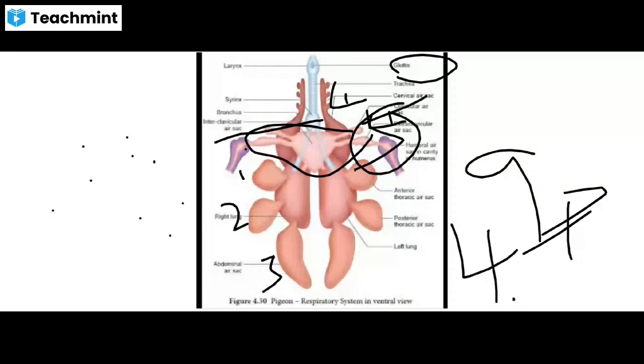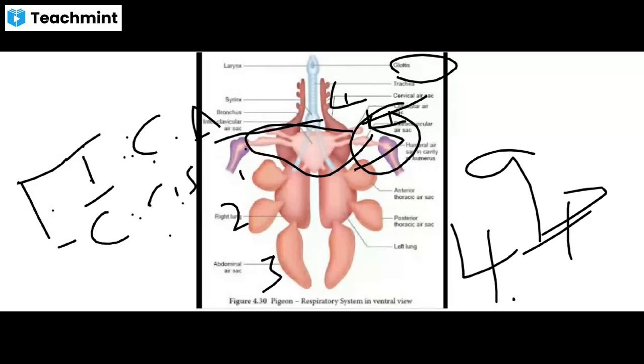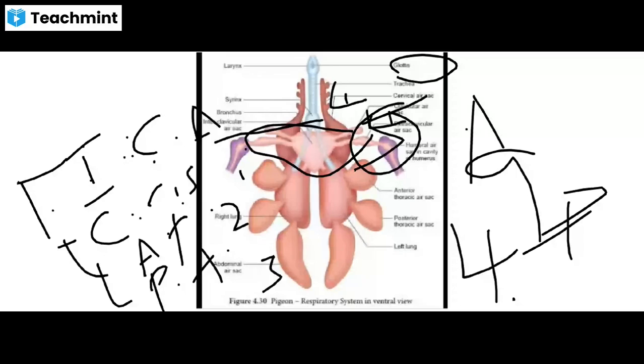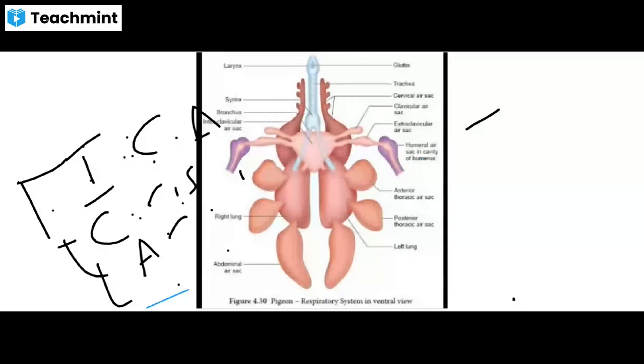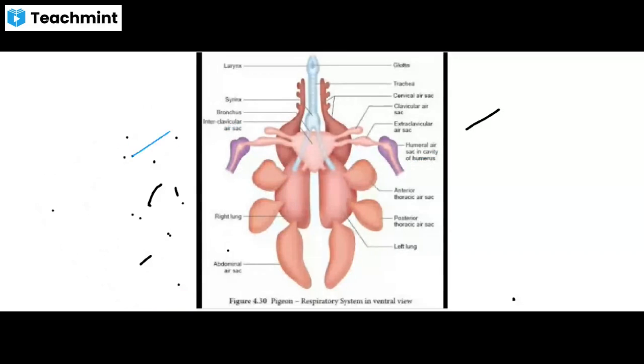The 9 air sacs are: the first air sac is called the intraclavicular air sac, the second one is the clavicular air sac, then the anterior thoracic air sac, the posterior thoracic air sac, and the abdominal air sacs. Total how many air sacs are present in pigeon or birds? In birds total 9 air sacs are present.